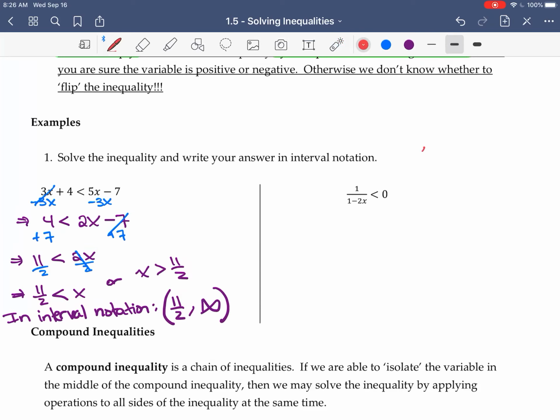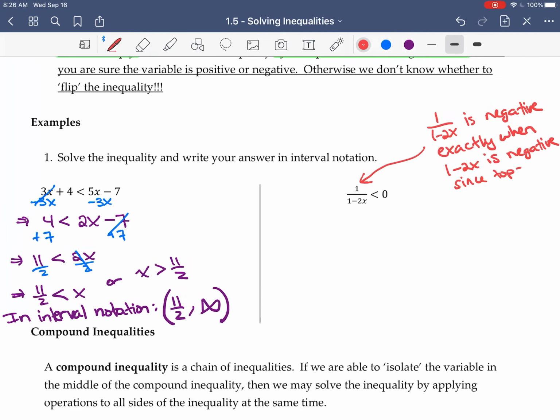Again, you can use that rule that I wrote on the last page, but what you can think is 1 over 1 minus 2x is negative exactly when 1 minus 2x is negative, since the top, which is 1, is positive. So this thing is only negative when the bottom is negative.